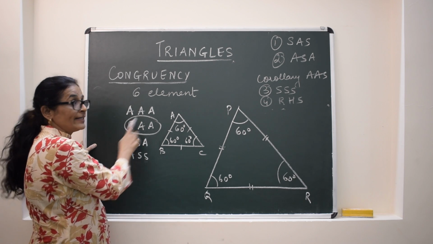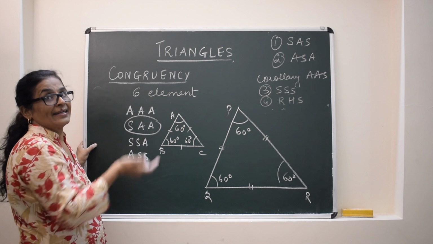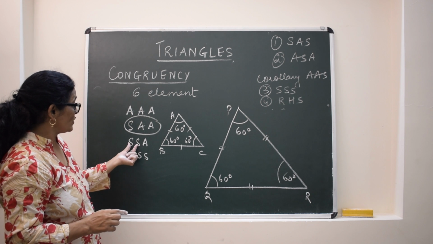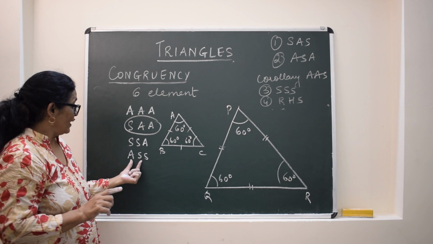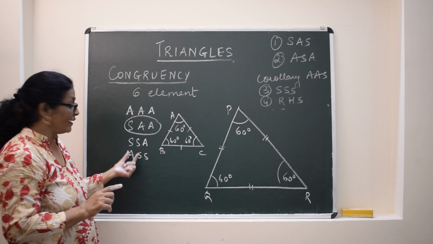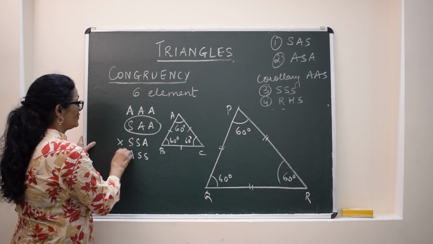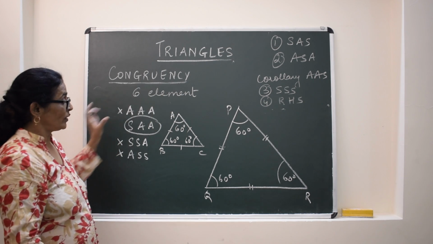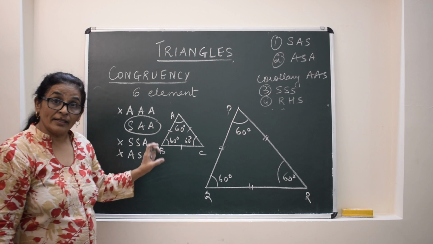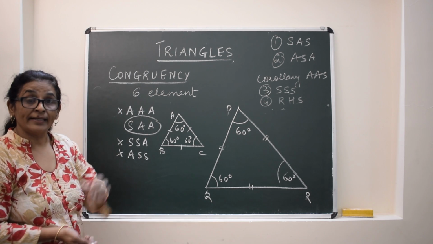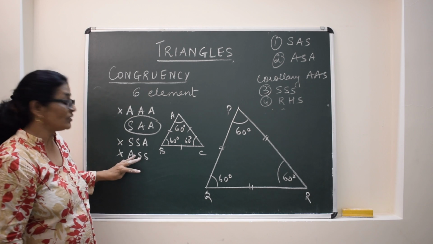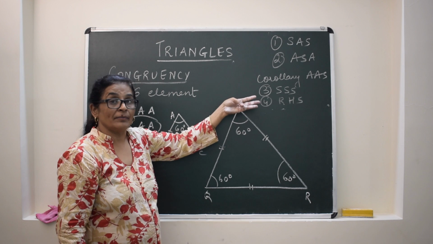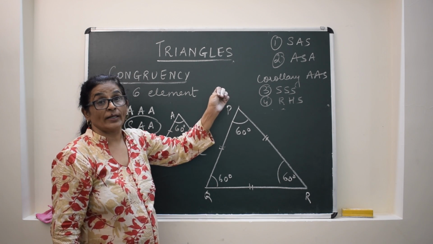Any 2 angles, one side is always written as AAS, and when the side is included, it is written as ASA. But any 2 sides and 1 angle, no. And any 2 sides and 1 angle, either write in this way or in this way, these will not give us the congruency. So what we have seen, the triangles which can be congruent by taking 3 elements, but not any 3 elements. These are the specific ways how can you take 3 elements to prove the triangle is equal and congruent.